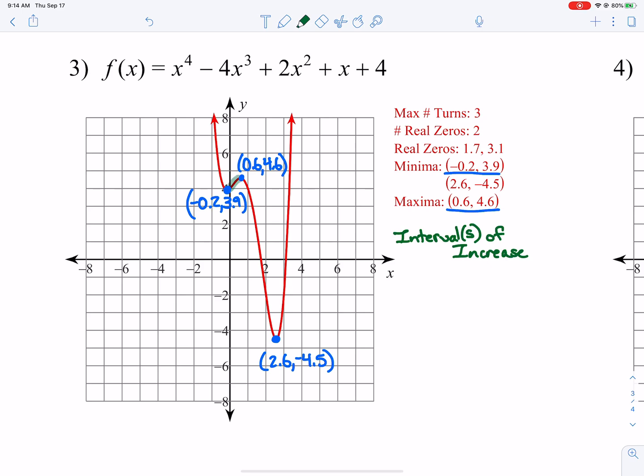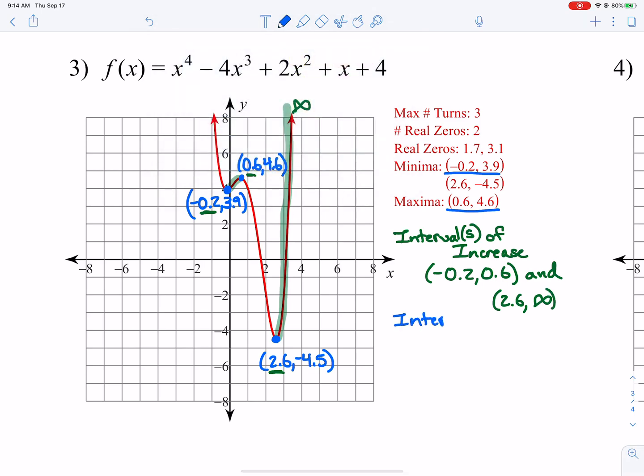So there's a little interval of increase right there, and then there's one at the end. 2 intervals of increase. So it looks like it's increasing from negative 0.2 up to 0.6. So let's write negative 0.2 to 0.6 is increasing. And also from 2.6 to infinity, because it's going to the right forever.